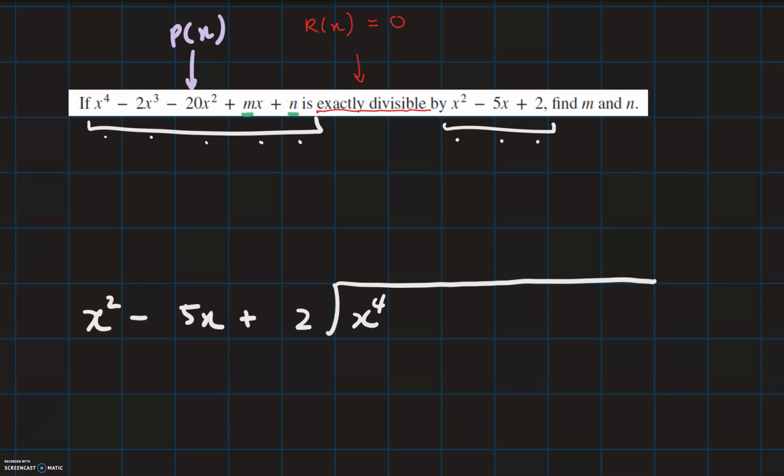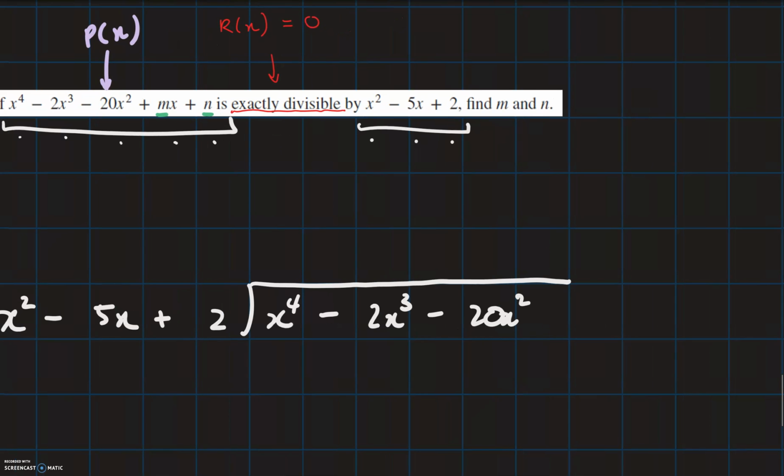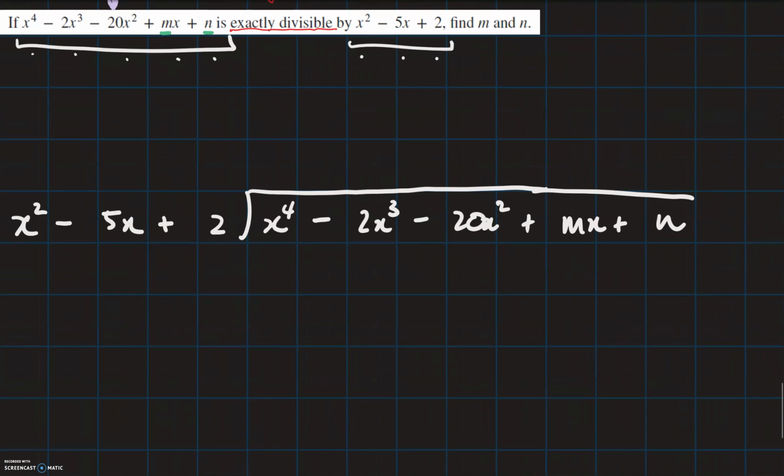I'm going to divide x to the power 4 minus 2x cubed minus 20x squared plus mx plus n by this number. Okay, let's use this process that we've been doing. Look at the leading term of the dividend and look at the leading term of the divisor. Okay, how many times does it go in? x squared times.